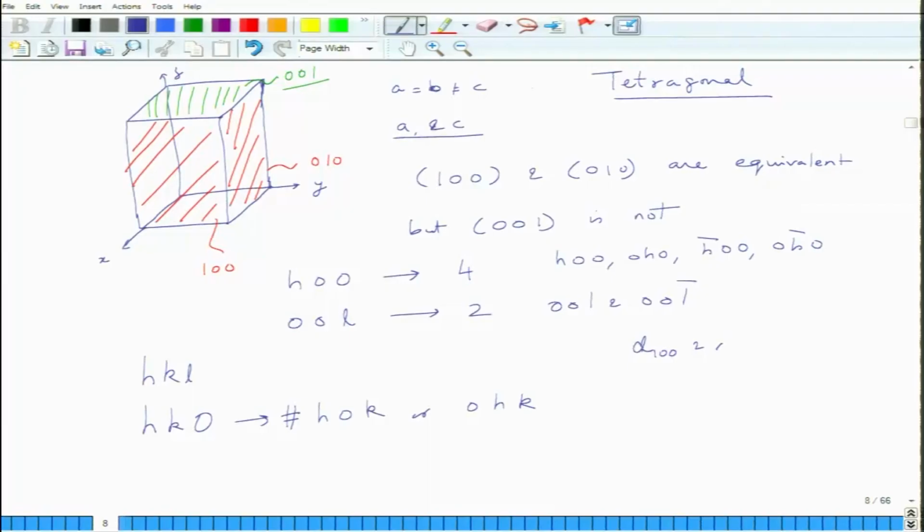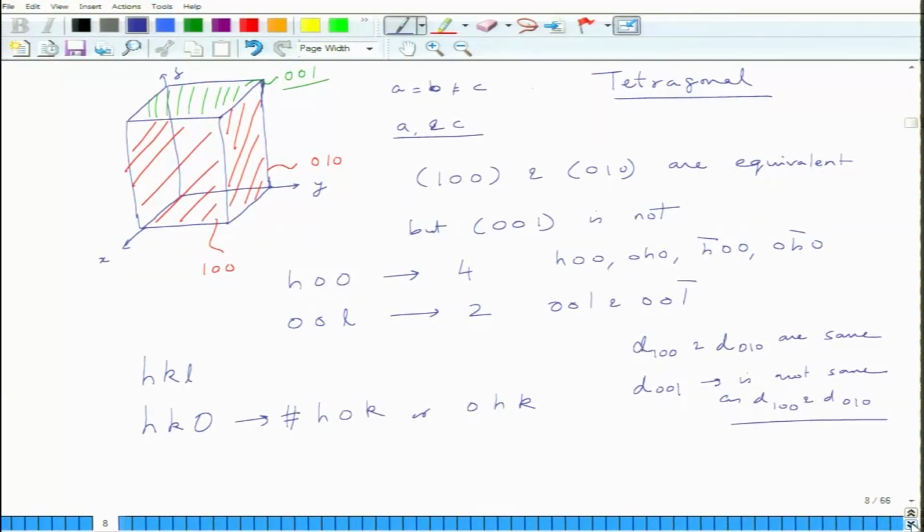So, you can see the multiplicity will go down in the tetragonal system, and you will also see that D100 and D010 are the same, but D001 is not the same as D100 and D010.